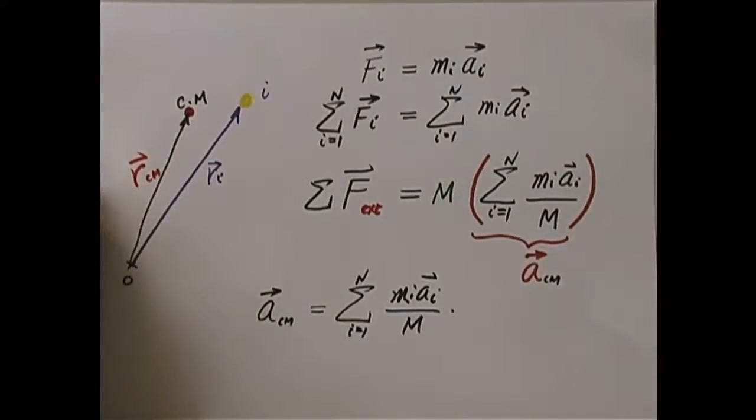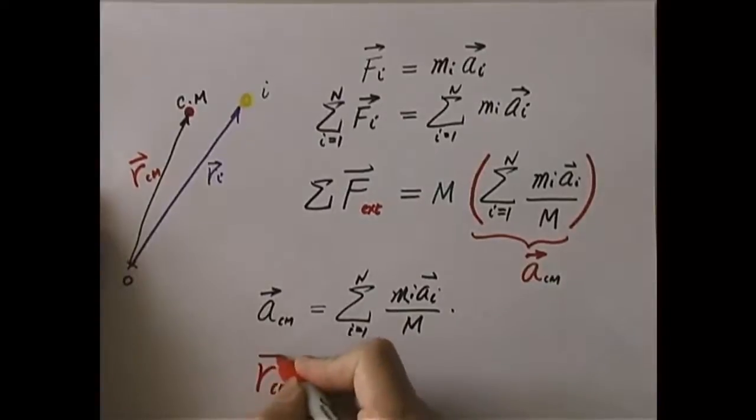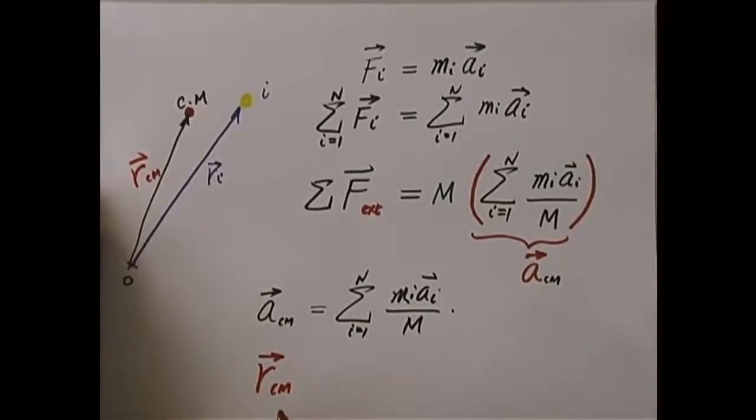Where is R_CM? How do you figure out R_CM? Well, simple. The mass is a constant. So if I integrate A over time, what do I get? I get V, right? I get V_CM and V sub i. Integrate another time over time, then I go from V to what? To R, right? So indeed, the center of mass position, R_CM, tells you how to locate the center of mass.